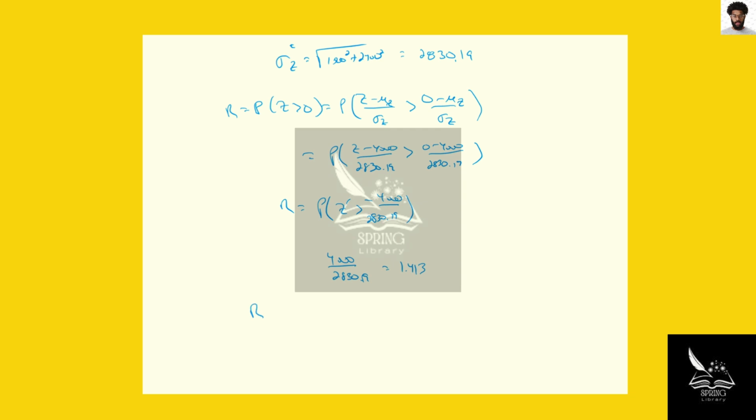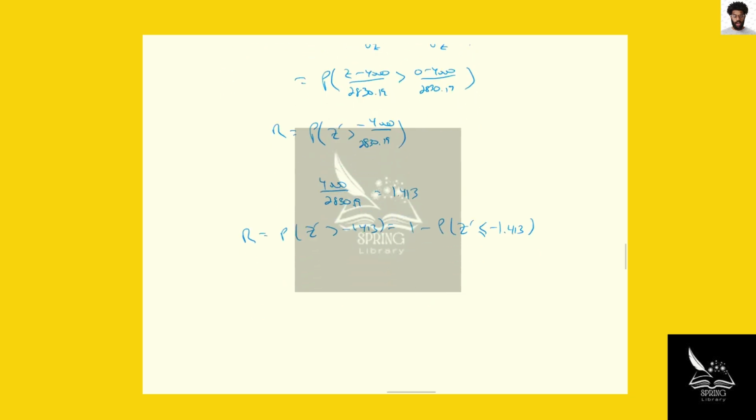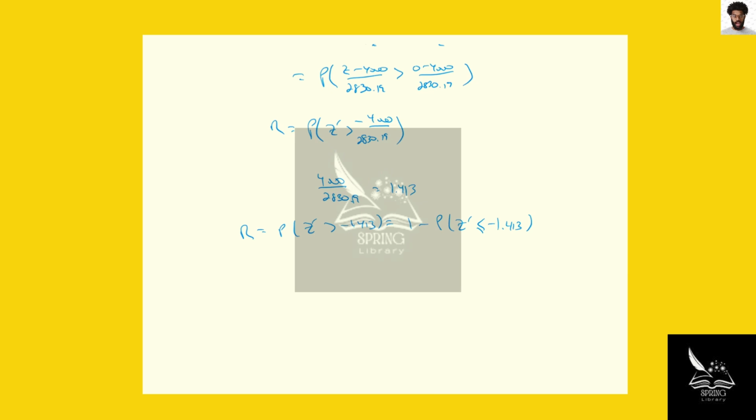And so R is equal to the probability that Z prime is greater than negative 1.413, which would be 1 minus the probability of Z prime being less than or equal to negative 1.413. Using the standard normal distribution table, this corresponds to 0.0792. So R equals 1 minus 0.0792, which is 0.9208.